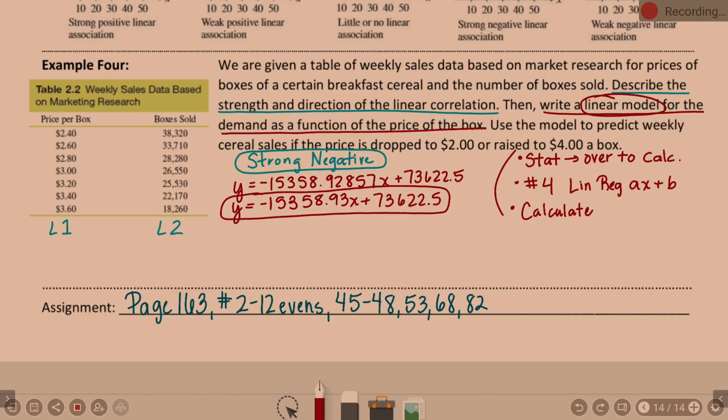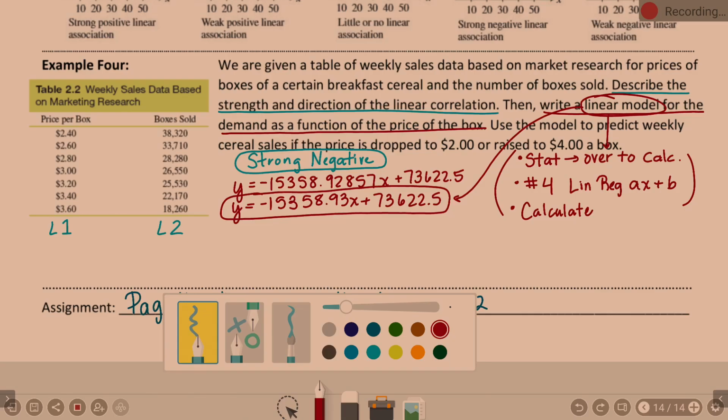Okay, so those were your directions of how we did what we did. And there is your linear model. Are we good there?